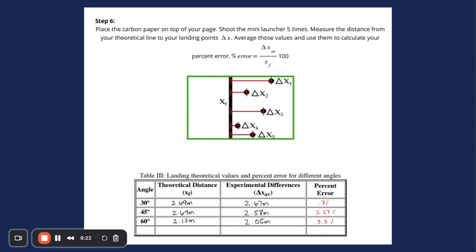For a 45-degree angle, the theoretical distance was 2.64 meters and the experimental was 2.58 meters. Our 60-degree angle theoretical distance was 2.12 meters and the experimental was 2.05 meters, giving us percent errors of 7% for 30 degrees, 2.27% for the 45-degree angle, and 3.8% for the 60-degree angle.